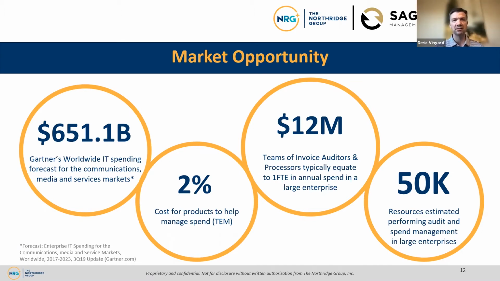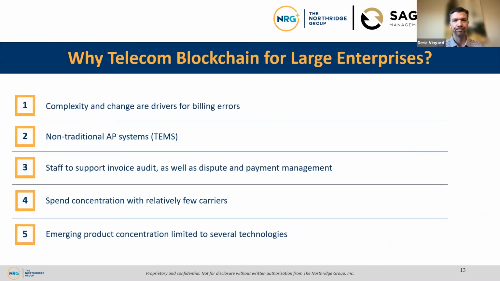So an enterprise that has at least $12 million in annual telecom services spend typically equates to 1 FTE to help manage that. And then that really distills down to 50,000 resources estimated performing audit and spend management services in large enterprises worldwide. So, a lot of manpower behind managing this particular task.